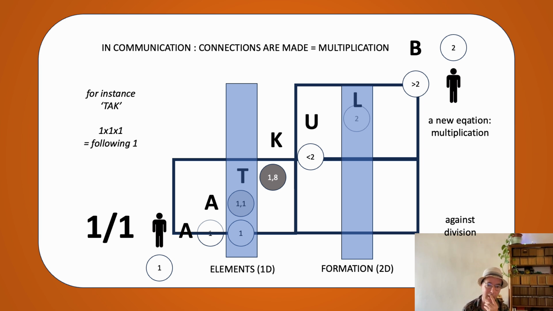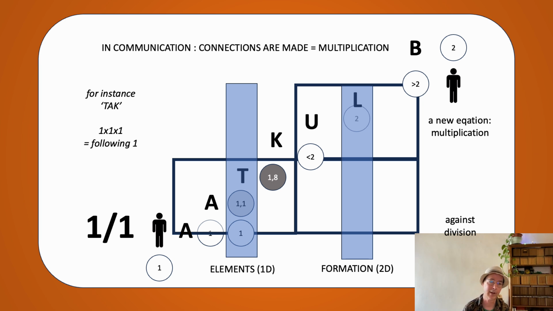And I give you an example of these multiplications. Here we only have 2 letters so far, 2 numbers so far, the number 1 and the number 2. It still makes it easy. If we take, for instance, 3 letters from the number 1, the A, the T and the K, so it is 3 times 1, so it's 1 multiplied with 1 again, and they are following a division by 1.